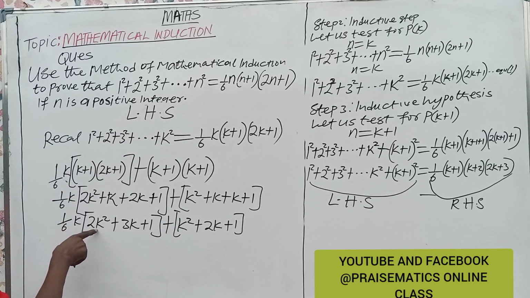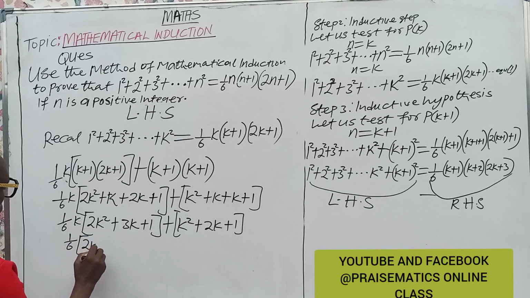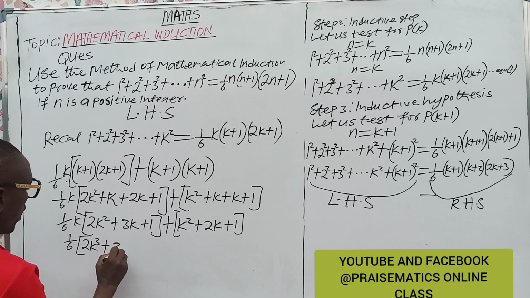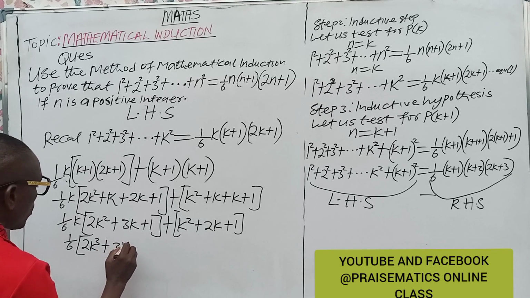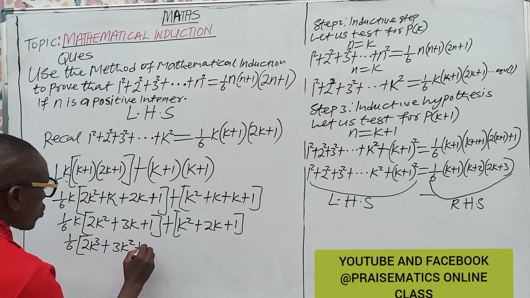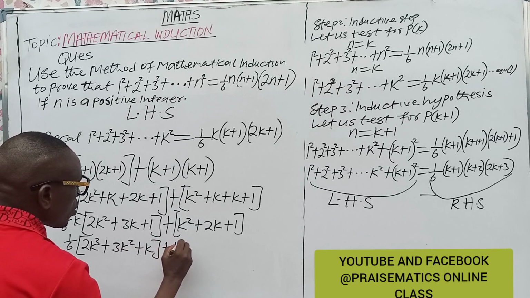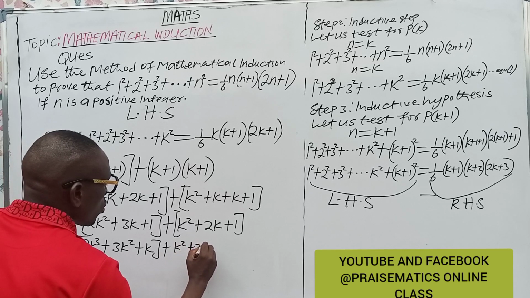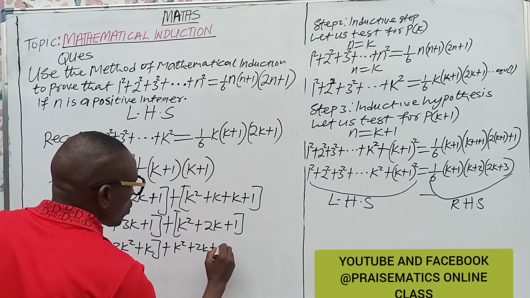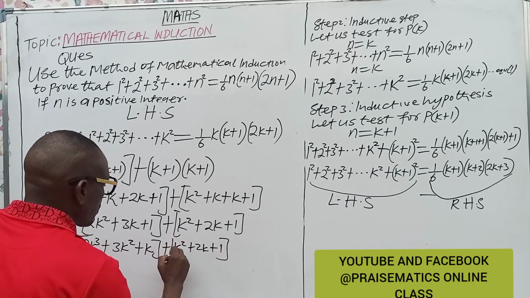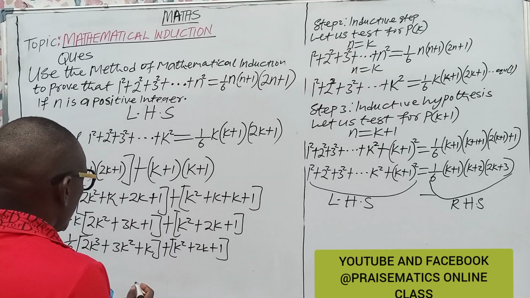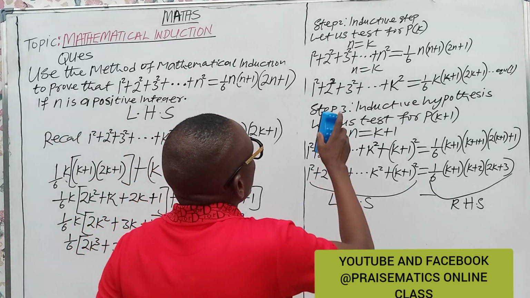Now we have another k here, which is 1 over 6 into 2k cubed plus 3k squared plus k, close it, plus k squared plus 2k plus 1. Now let's continue.